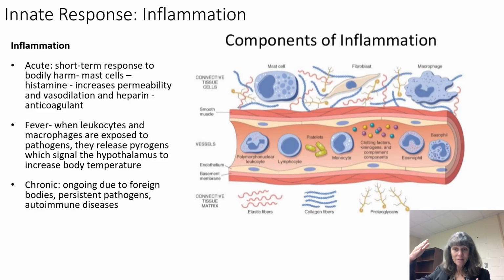By having the hypothalamus increase body temperature as a response known as a fever, that makes an inhospitable environment for the bacteria, and that can also help to kill off more bacteria. And that's why fevers are a positive feedback mechanism, because it's a response that is going to increase until we get the desired effect of killing off the bacteria, and then it stops.